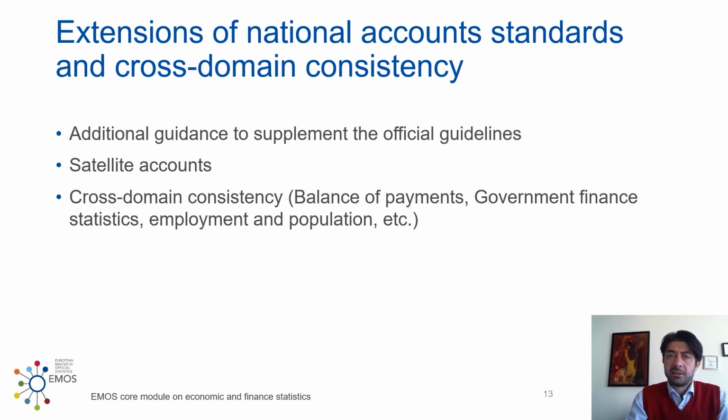A second element to consider is that users are often interested in elements that are not covered in the core accounts, in what is in the system. They want to know more about other phenomena. And for this reason, a number of so-called satellite accounts have been developed over time.